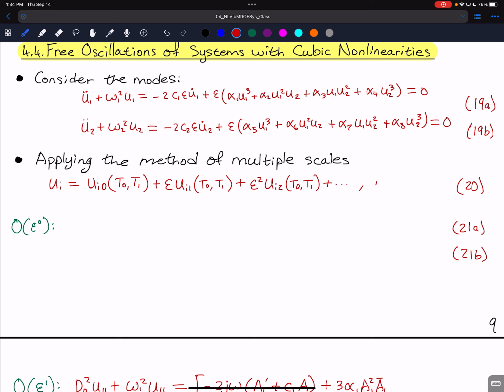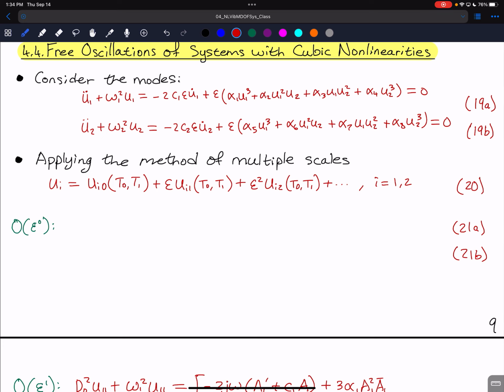And here i is equal to 1, 2. So we're expanding both of the modes here into their own series. We then plug that in along with the derivatives into the equations of motion, collect by orders of epsilon, set each order of epsilon equal to 0, and then that results in the following.